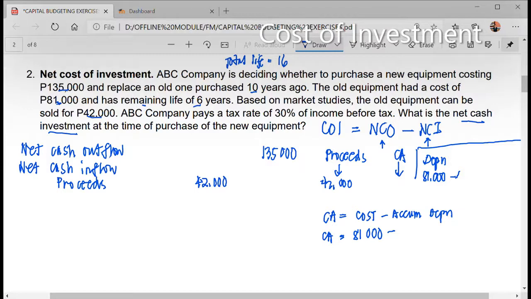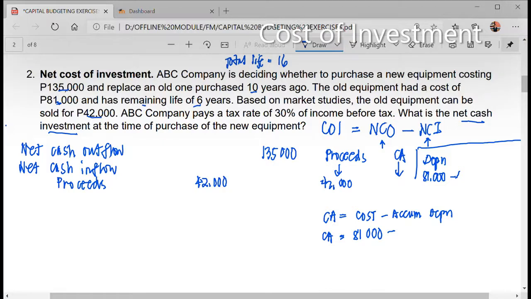So, you have 42,000, this is the proceeds if sold. But this is not our salvage value. So, let's proceed. So, 81,000. How much is our annual depreciation here? We can shortcut this so we can get the accumulated depreciation right away.